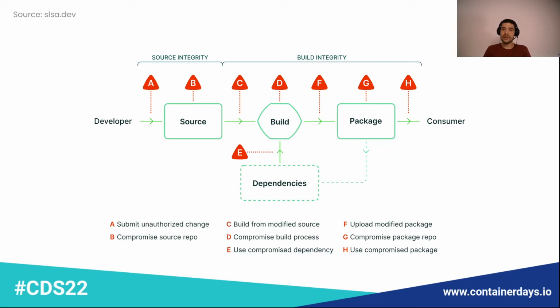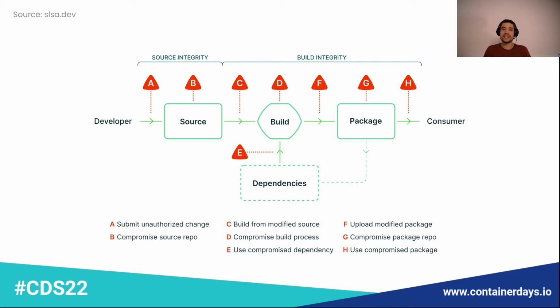So if you're using Kubernetes, a typical software supply chain might look like this. You obviously have some source code. You're probably using some version control such as Git. You might have a build system, some build pipelines that fetch this source code alongside its dependencies, compile it, and run some tests.